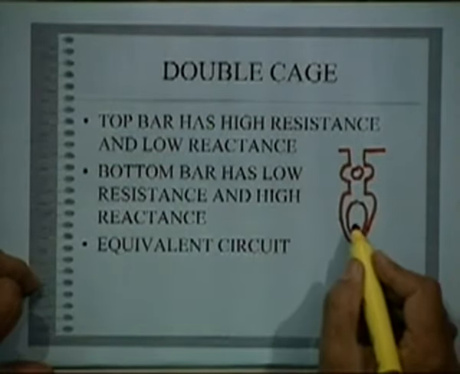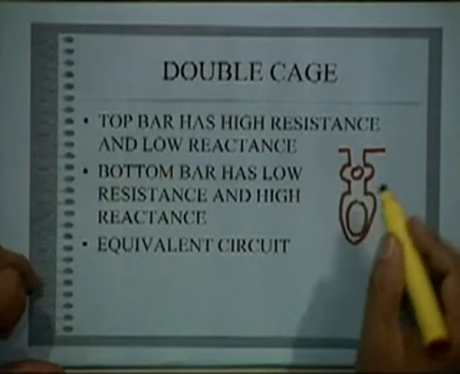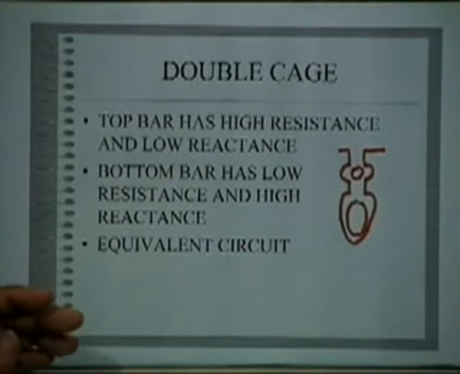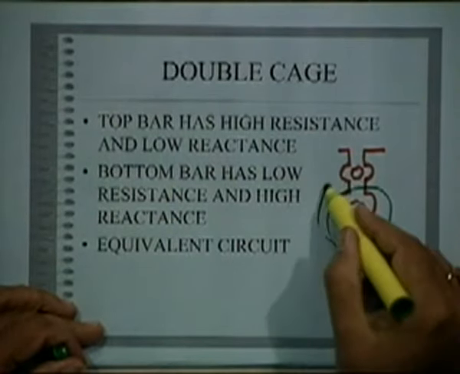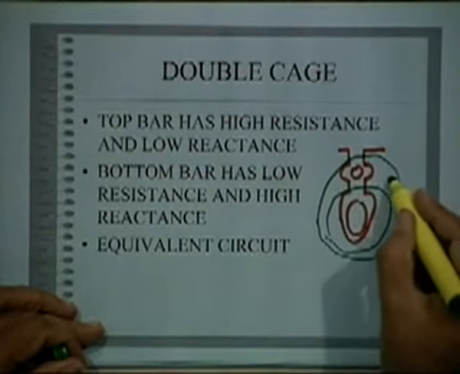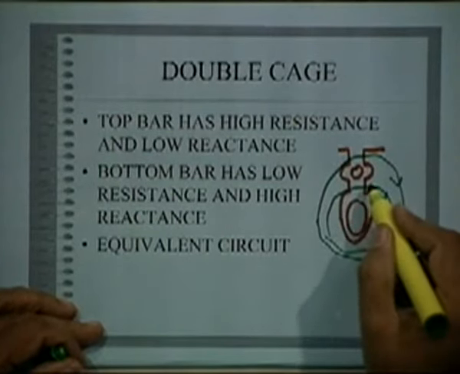The bottom bar has low resistance and high reactance. High reactance because obviously the bottom will link more flux. This is the leakage flux. So the bottom will have more reactance.